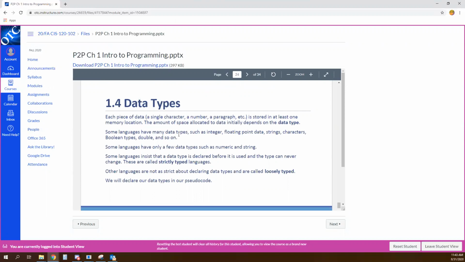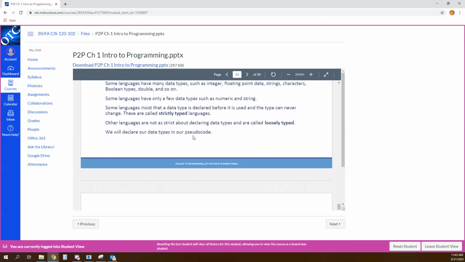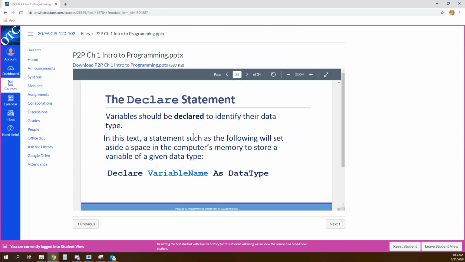When we're using data variables, we saw last time that our data variable has different types. So we have string variables that hold letters and numbers, and we have integer type variables that hold numbers without a decimal place. We have floating point type variables that can hold numbers that have decimal places. So our data type is really important when we're programming and we're setting up variables. All these variables are going to do is hold some information for us, but we need to tell the system what kind of information they're going to hold.